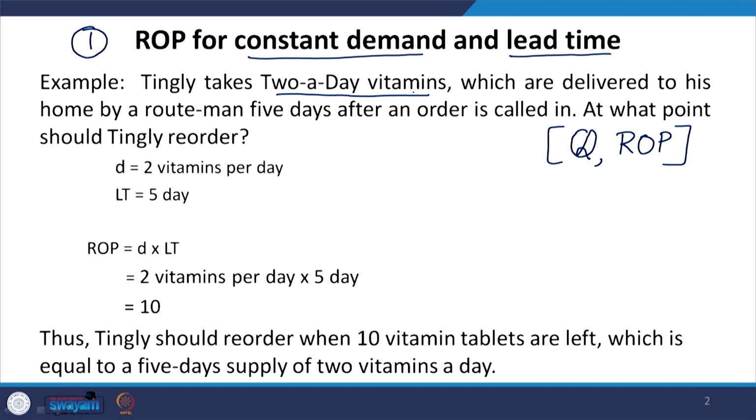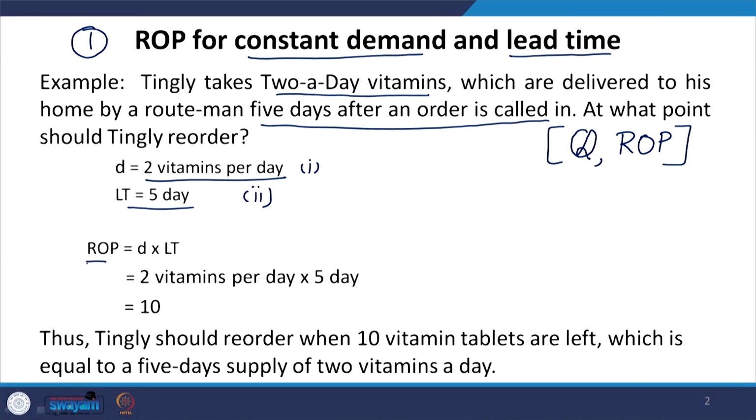The daily consumption rate of this product is 2 units per day, which are delivered to his home by a route man 5 days after an order is called in. So, lead time is given as 5 days. This is information number 1, this is information number 2, and there is no fluctuation mentioned in this example, so we consider both these things constant.